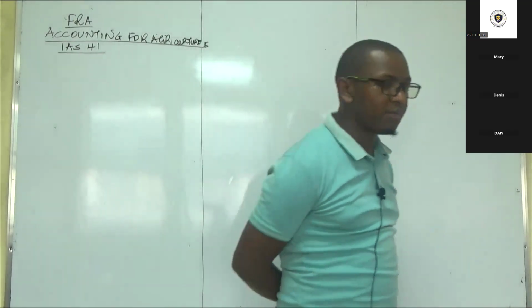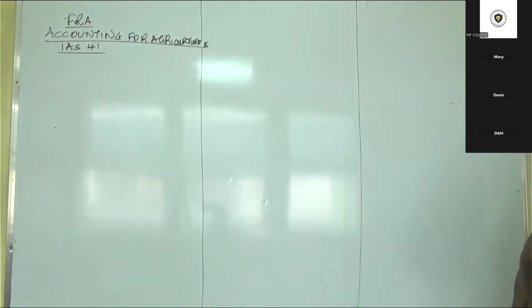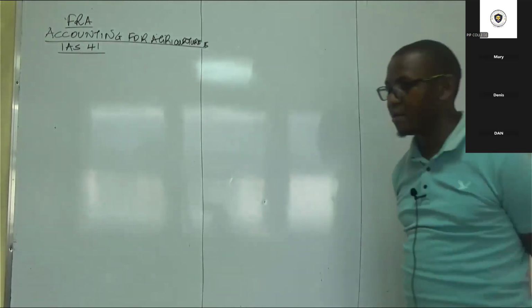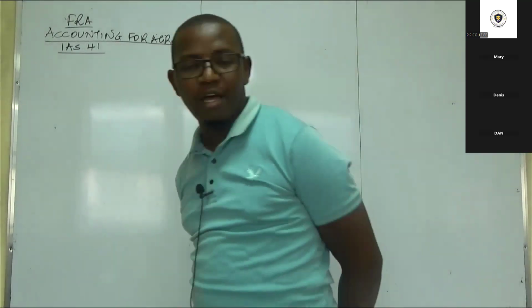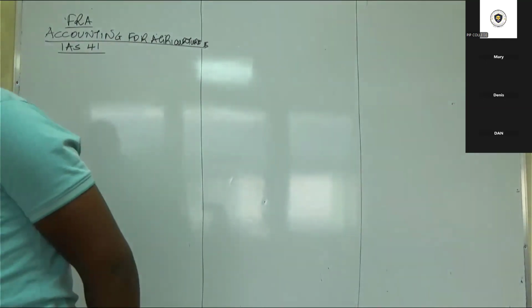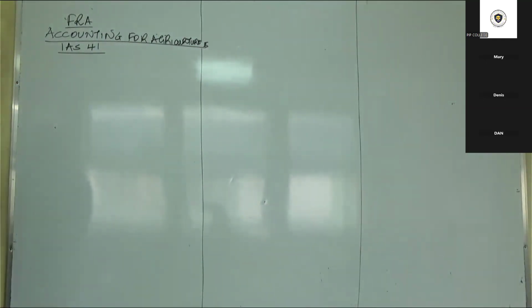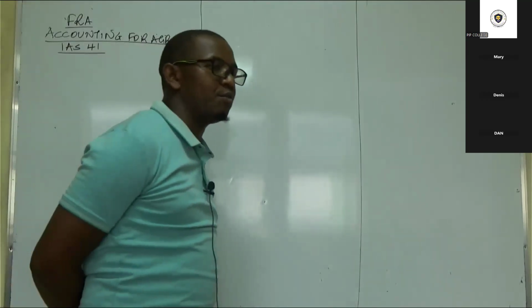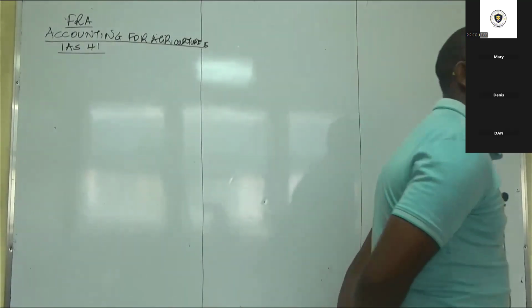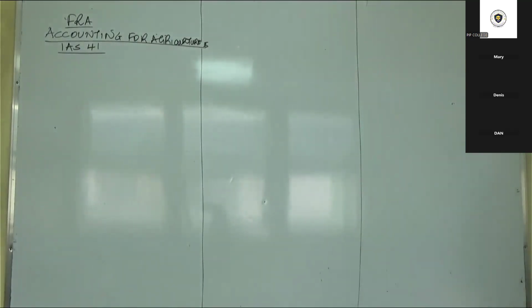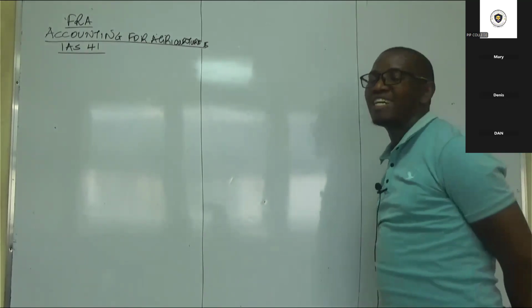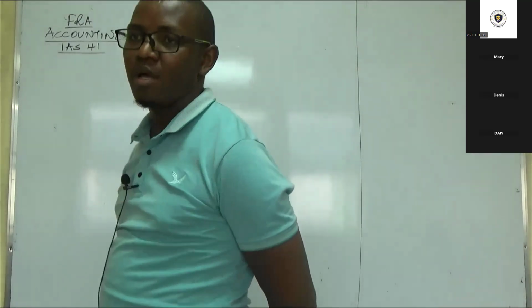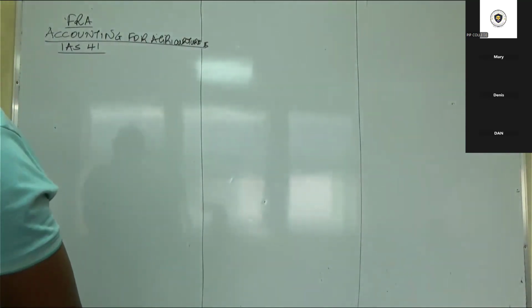The agricultural produce is measured at their fair value less estimated cost to sell at the point of harvest.